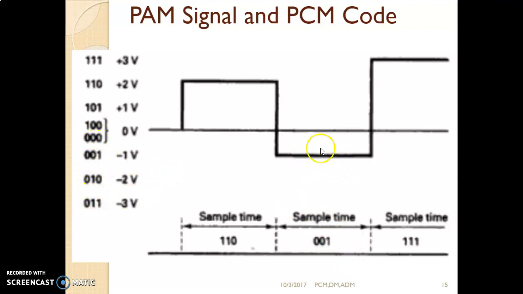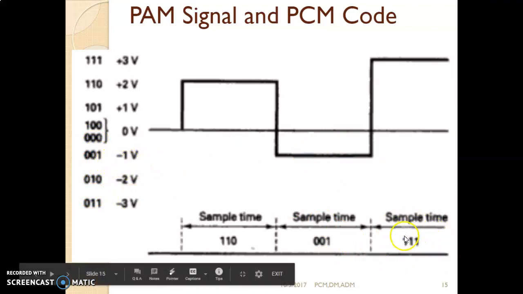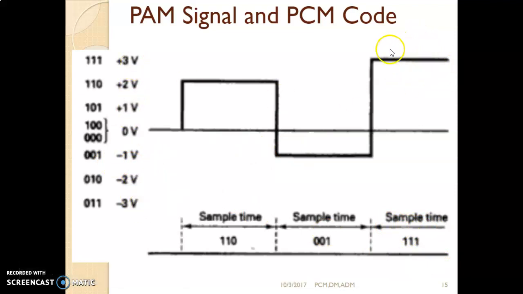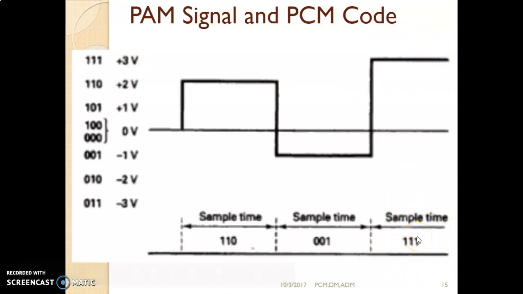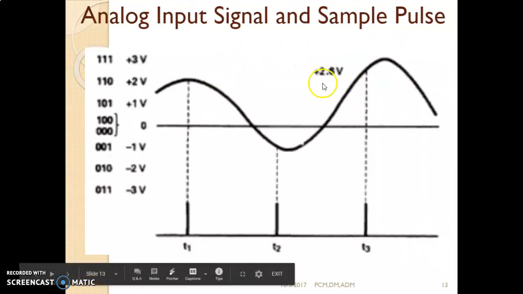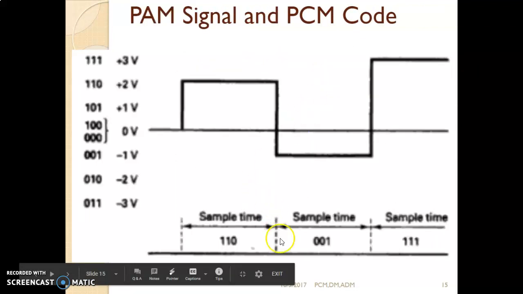This sample we have rounded to -1 volt, and here it is 111, so 111 corresponds to +3 volt. So this is the code which is assigned. Our analog signal is converted into a digital signal, and this is what is called pulse code modulation, and this 3-bit code is called the PCM code.